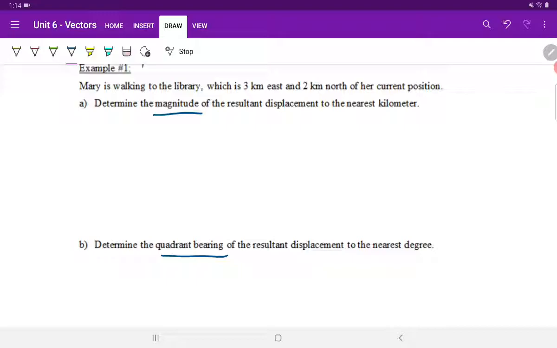So 3 kilometers east is just going to be a straight line going towards the east direction. 2 kilometers north, so I'm going to draw a line that's slightly smaller, and I'm going to draw these head to tail, right? There's 2 kilometers north.